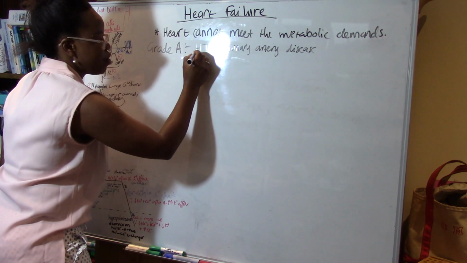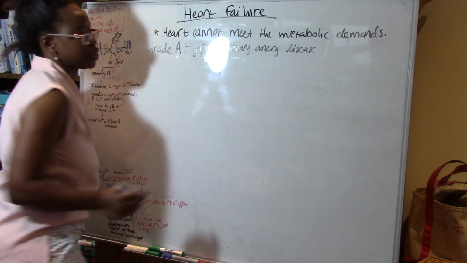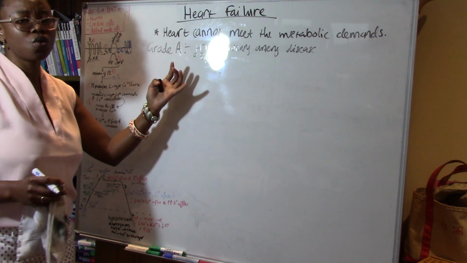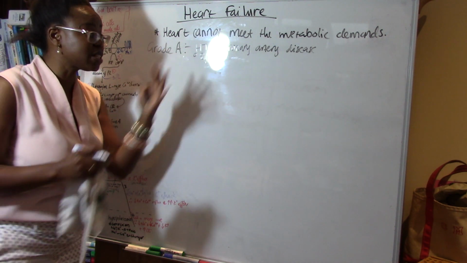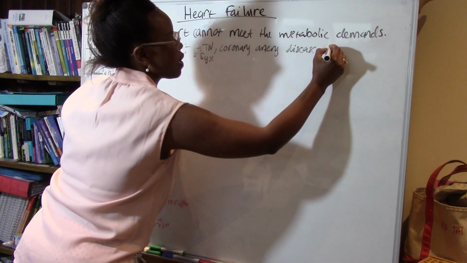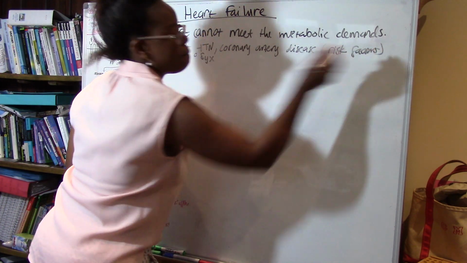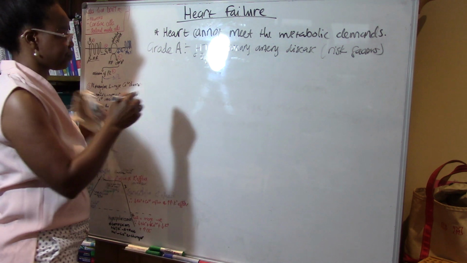However, they have no symptoms at all. So these are the people who have the risk factors, shall we say. They have all the risk factors, but they have no symptoms.